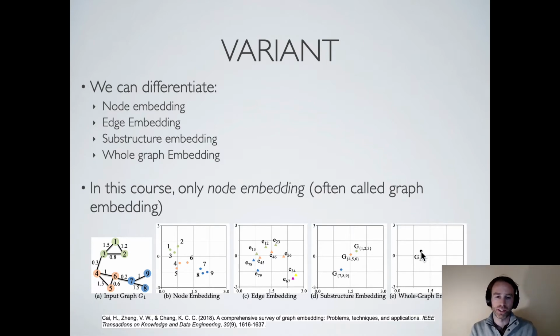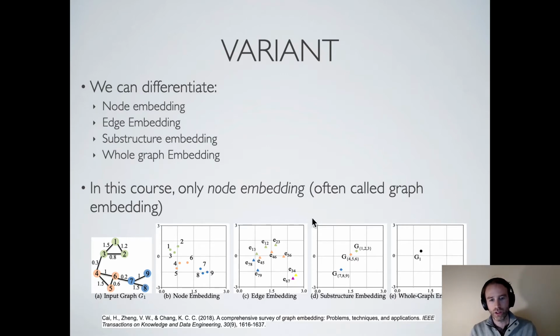Of course, this is used to compare several graphs. For instance, if you have hundreds of graphs and you want to find which ones are more similar than others, you can use whole graph embedding to see which graph is closer to other ones in this embedding space.